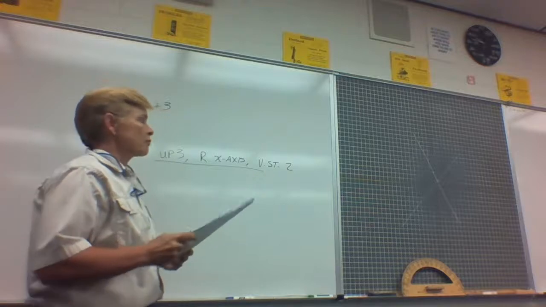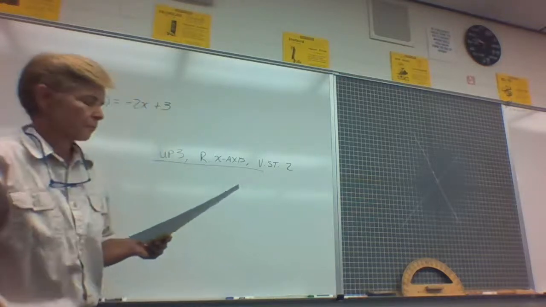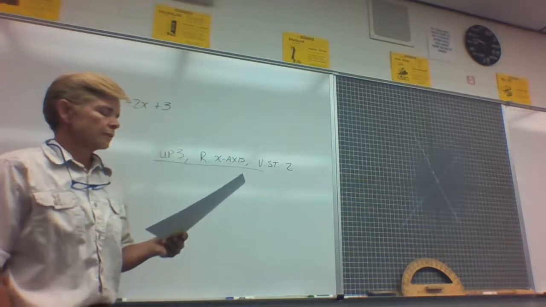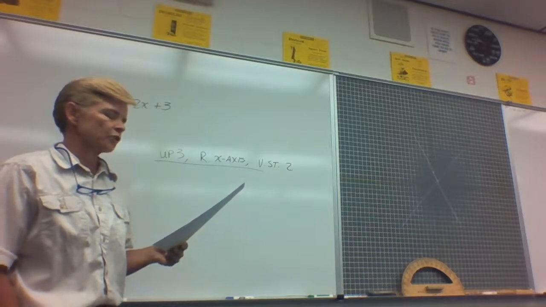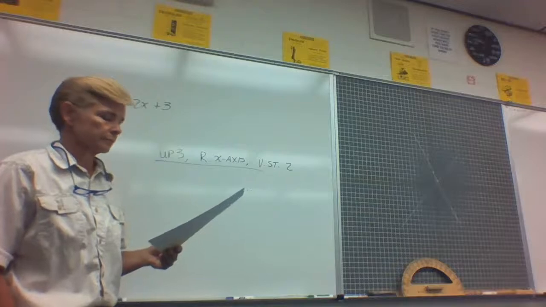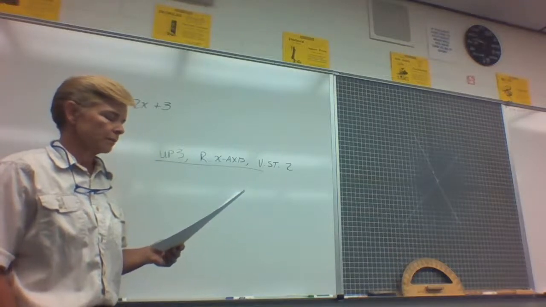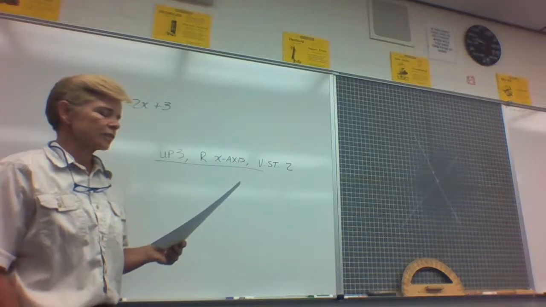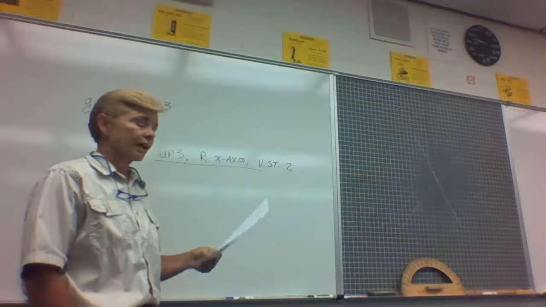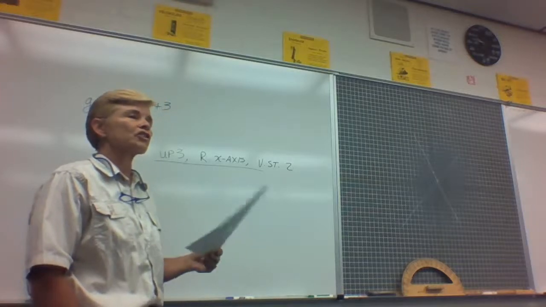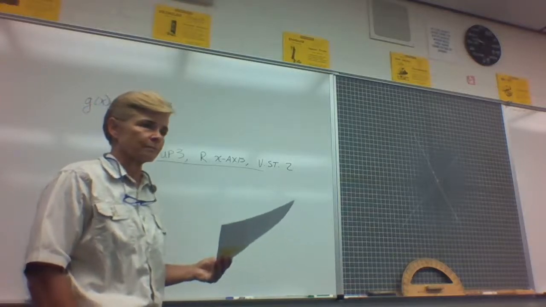The instructions for number 5 say, write a function g whose graph represents the indicated transformations of f. And they're going to give you f and then tell you how to transform it, and you have to write the g that occurs because of that transformation.